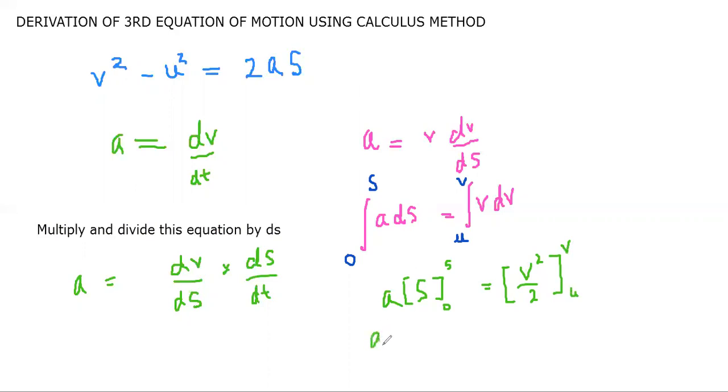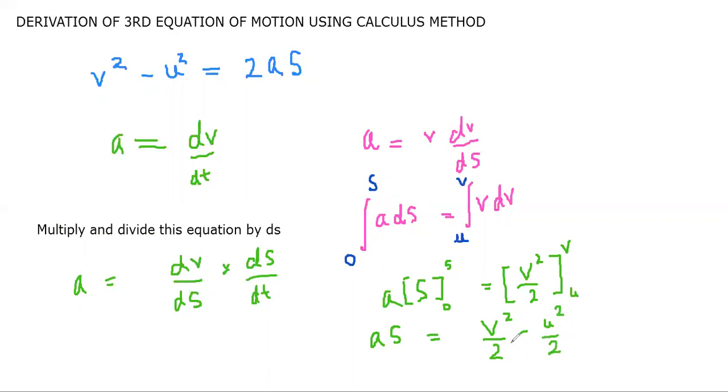Put the limits, you get a, s minus 0 is s only, and putting the values over here, you get v square by 2 minus u square by 2.